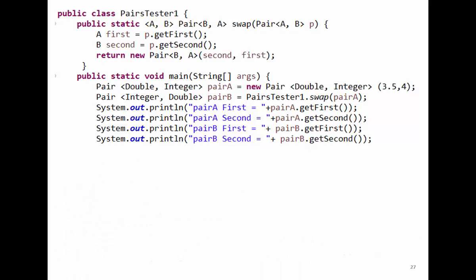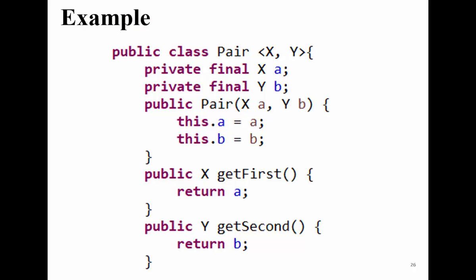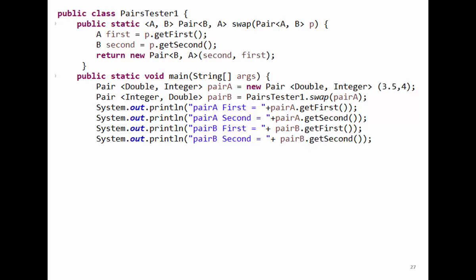Here I can create an object from this class, pair. I already did. Look at this slide. I already created a new pair, and I specified double, comma, integer. I already created an object from pair. But here you need to swap the values of the pair inside the tester.